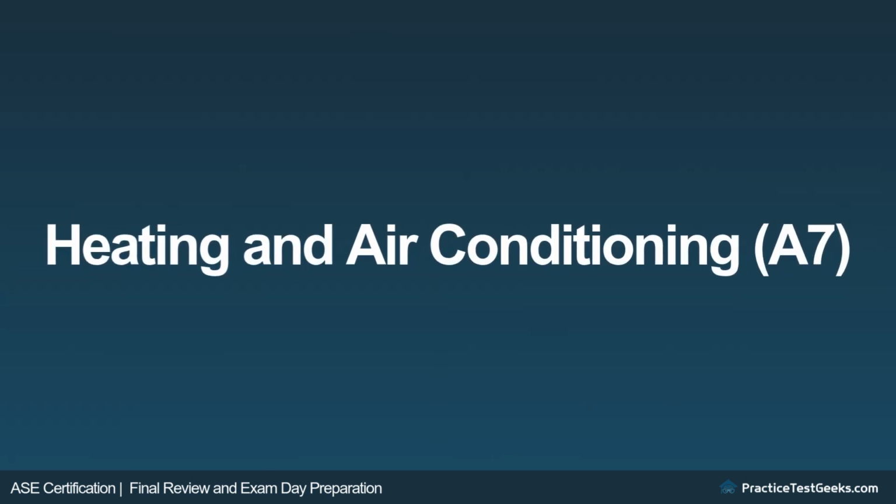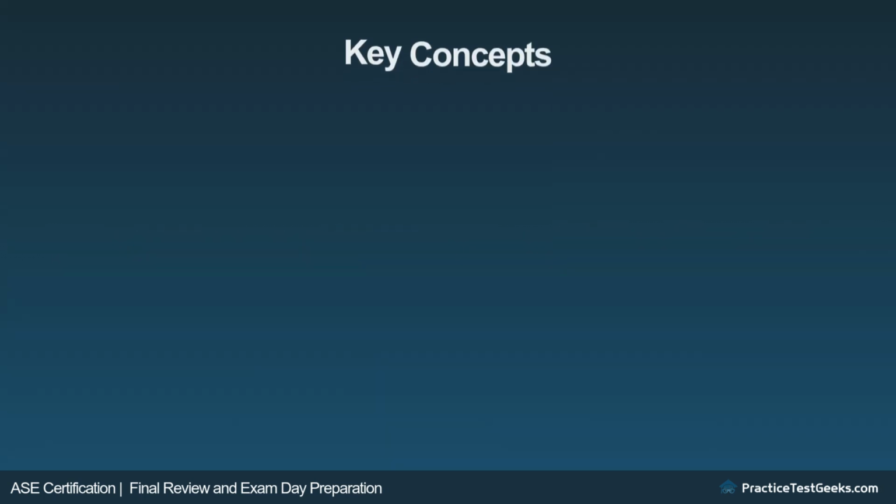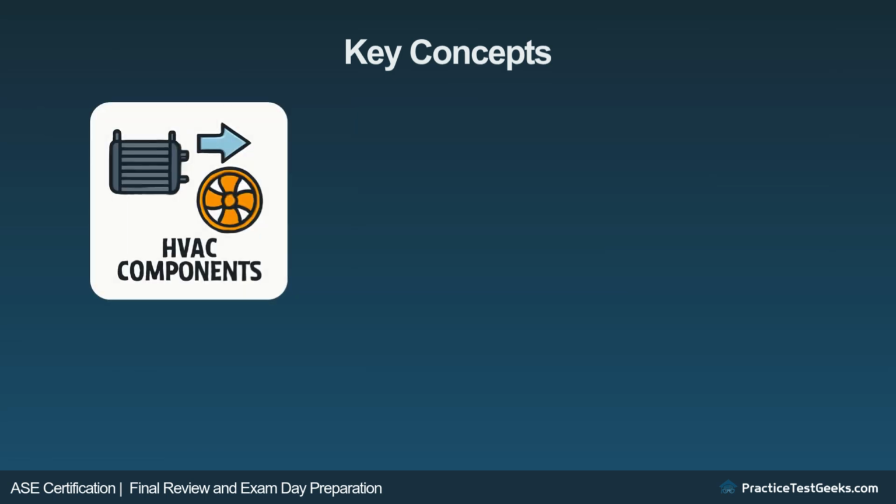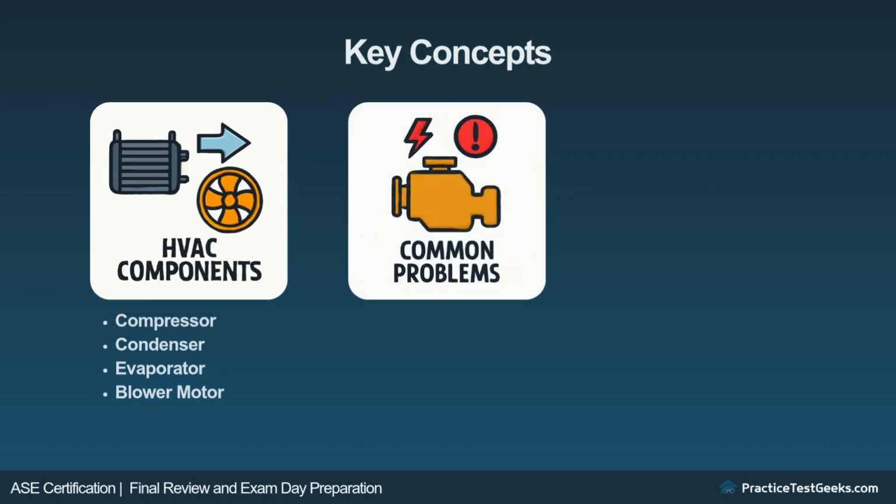Heating and air conditioning. A7. HVAC systems regulate the temperature and air quality inside a vehicle. Proper diagnosis and repair of these systems is essential. Key concepts: HVAC components: compressor, condenser, evaporator, and blower motor. Common problems: no cooling, weak airflow, or strange odors.